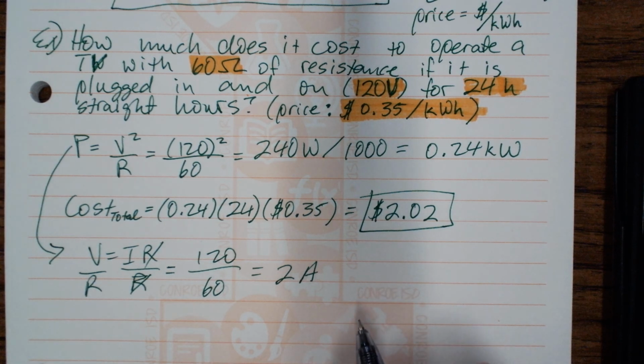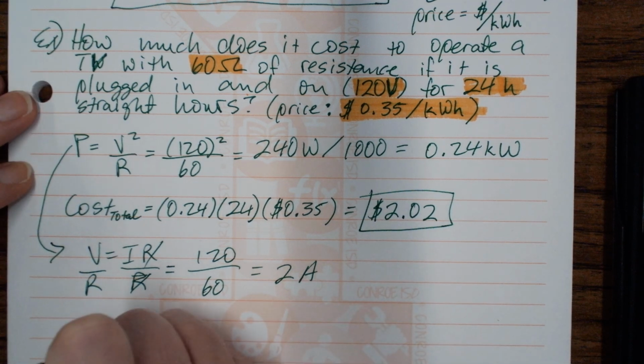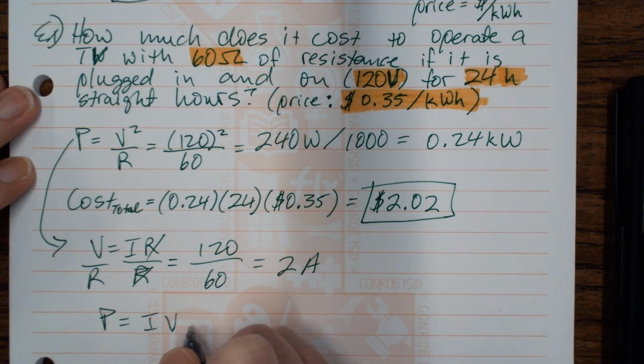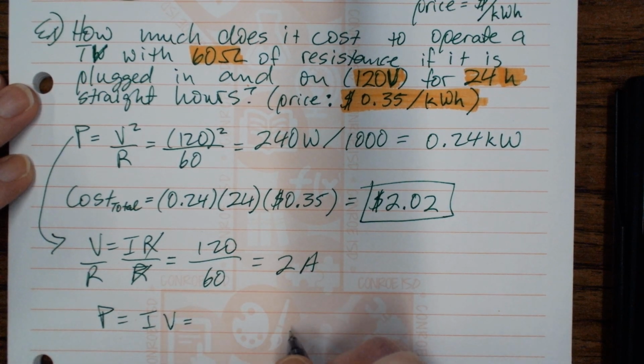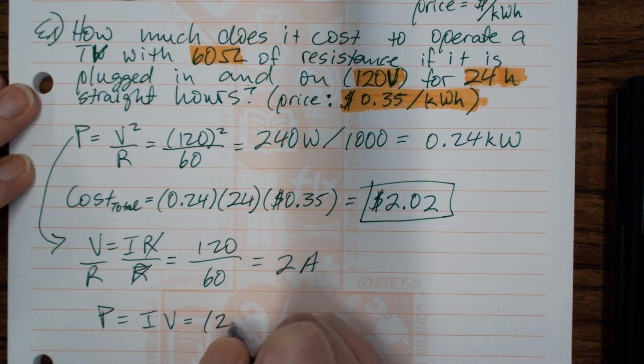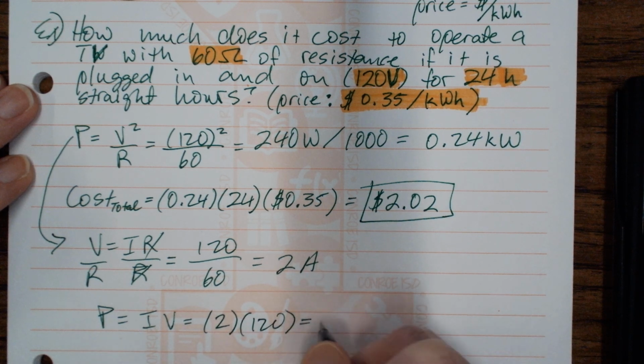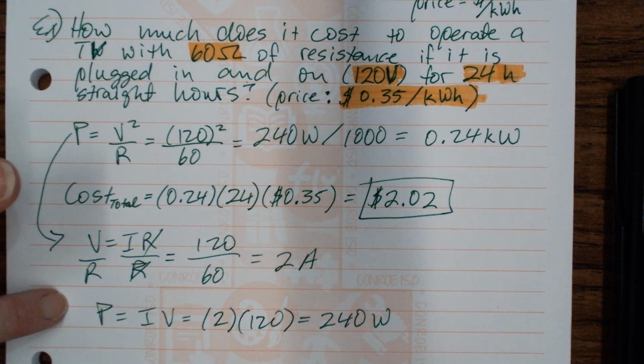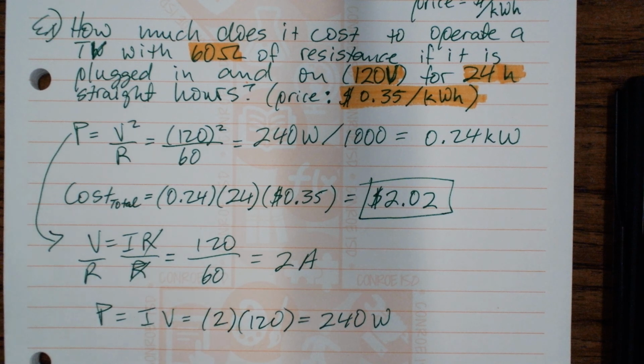Okay. And then P equals I times V to find power. So then it would be 2 amps times your voltage, which is 120, which gives you 240 watts. So that would be an alternative method if you wanted to use Ohm's law. Okay? Gets you the same answer.